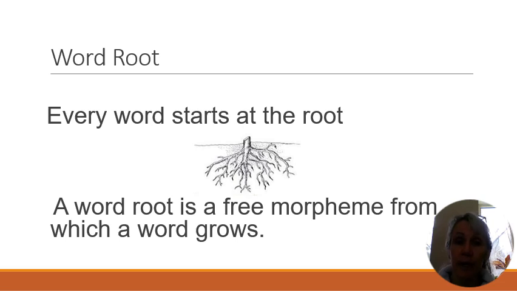So the roots represent the basic meaning in the word. A word root is a free morpheme from which a word grows. So we start with the word root and we can create meaning based on that word root.